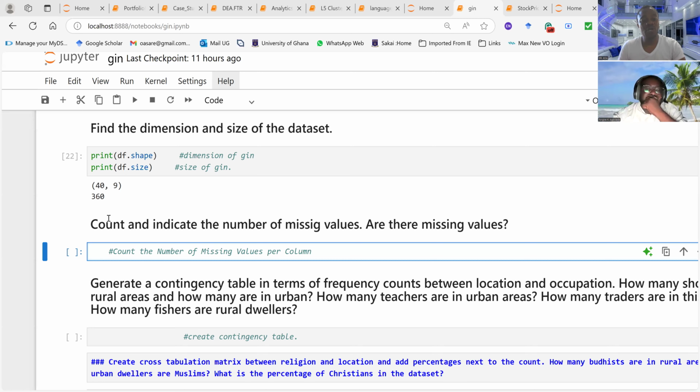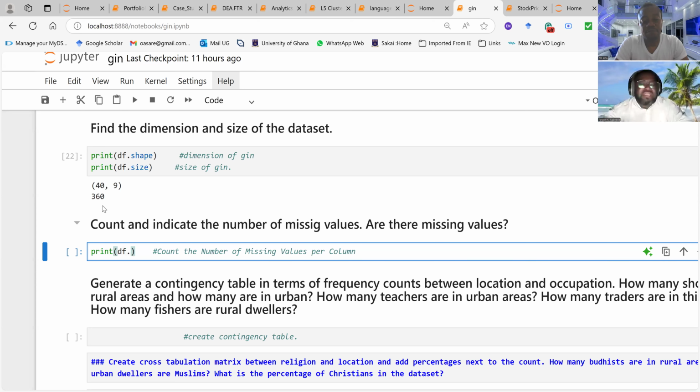All right. So, guys, we want to find the count, and then the number of missing values. So, how do you do that? Go ahead. Since you're going to give the results quickly, let's do print, and then tell us what you have.